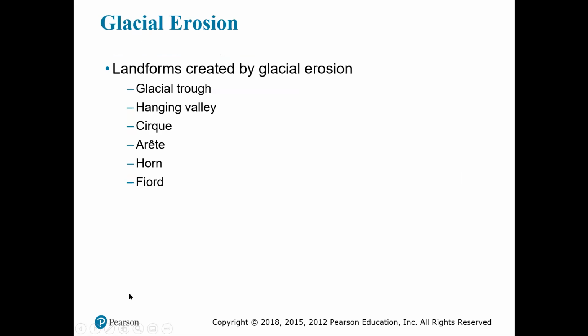Now we can also get specific landforms that are caused by glacial erosion. And these are going to depend on whether we're looking at erosion by valley glaciers or erosion by ice sheets. In a glaciated mountain region, we tend to see more sharp and angular topography.